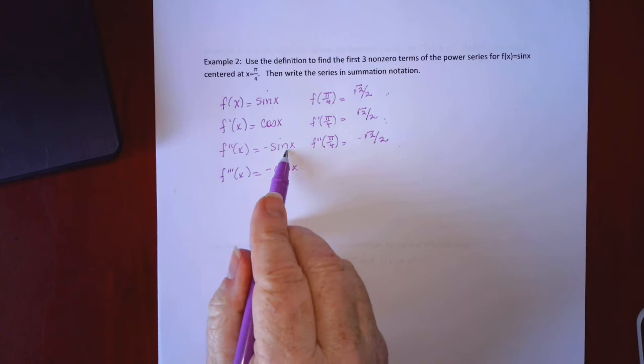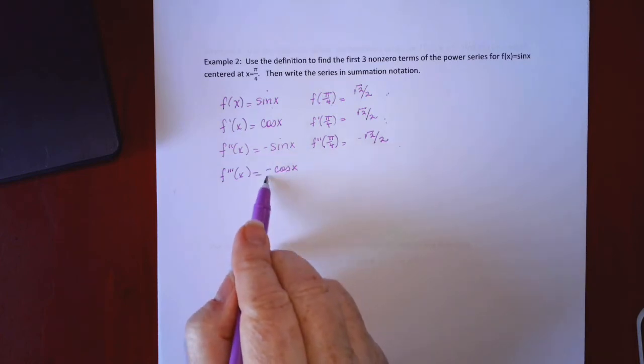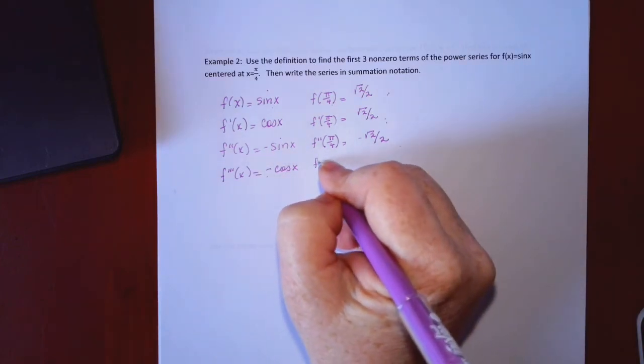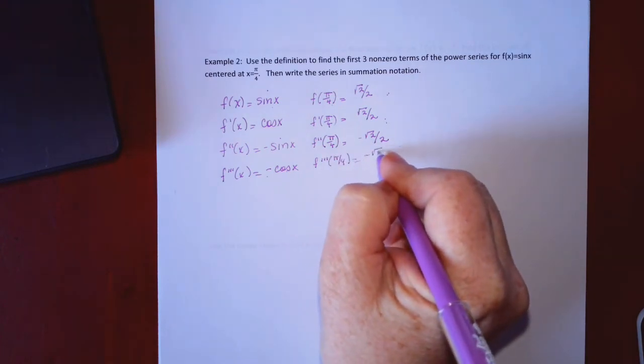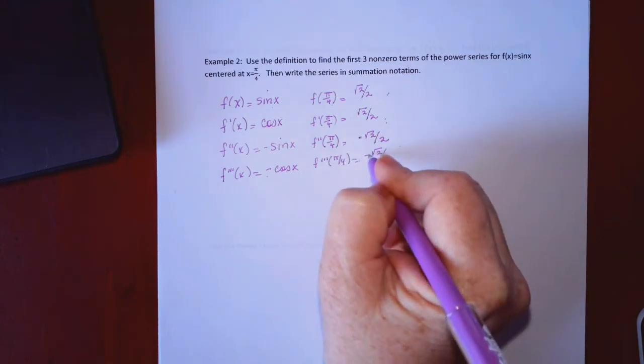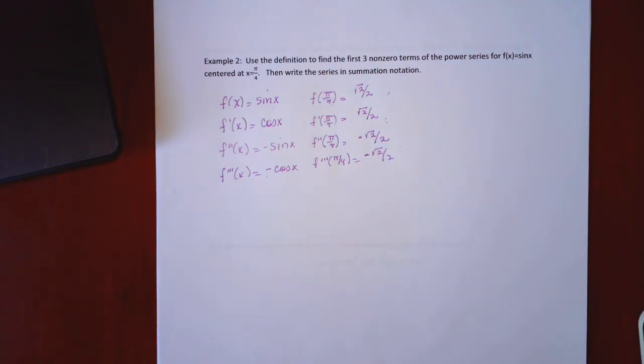Because the derivative of sine x is cosine x, so it keeps the same plus or minus sign. So f triple prime of pi over 4 would be negative square root of 2 over 2 again. So rather than a true alternating every other term, it's alternating every two terms. Okay, but that's neither here nor there yet.